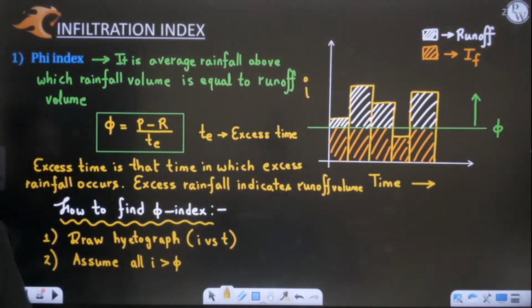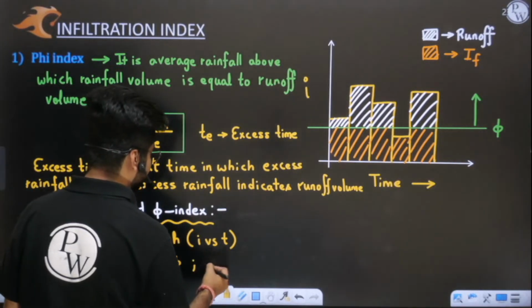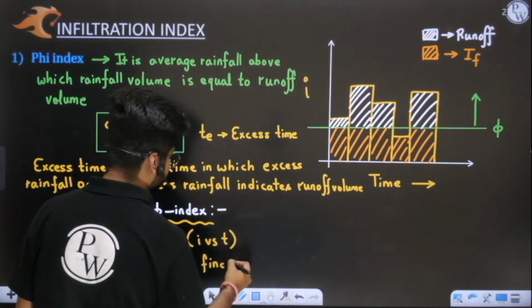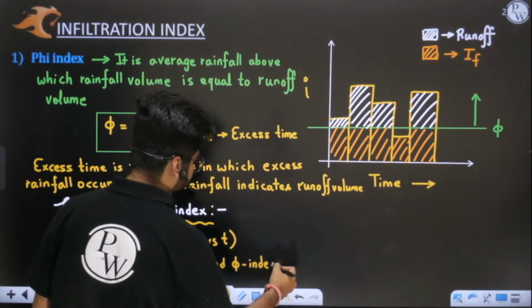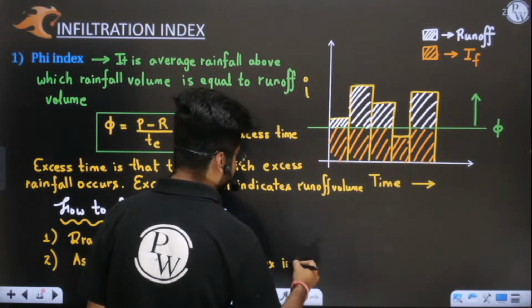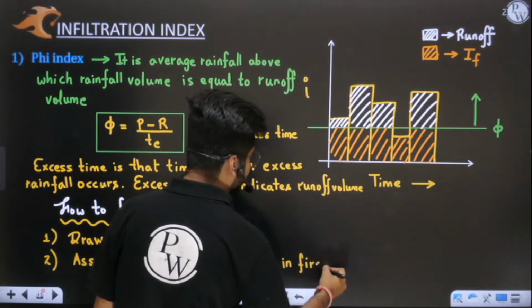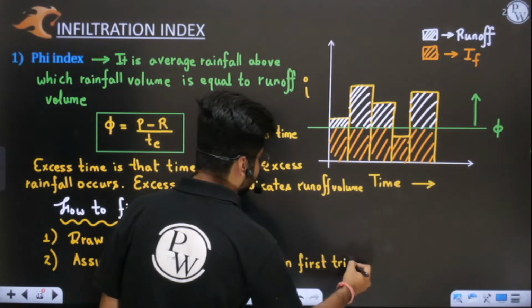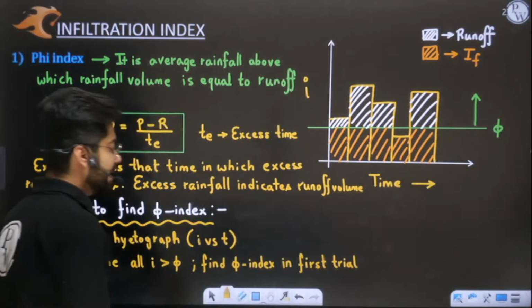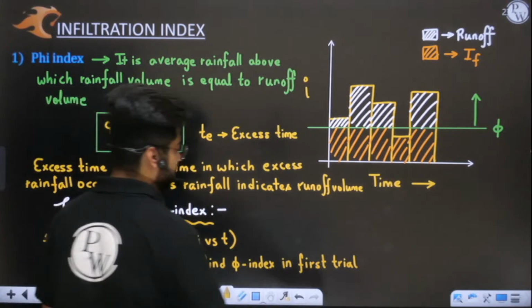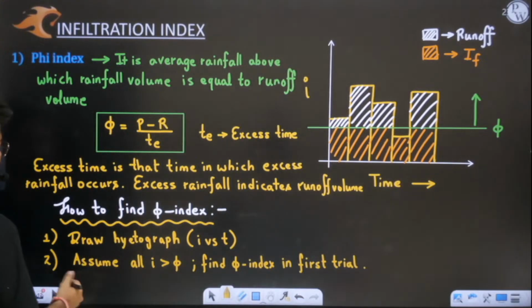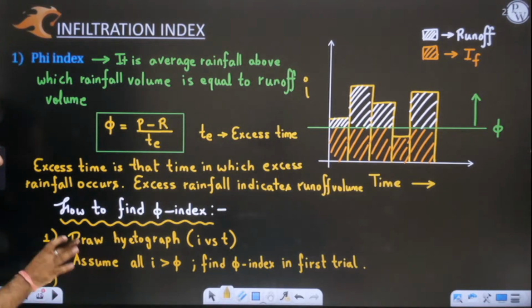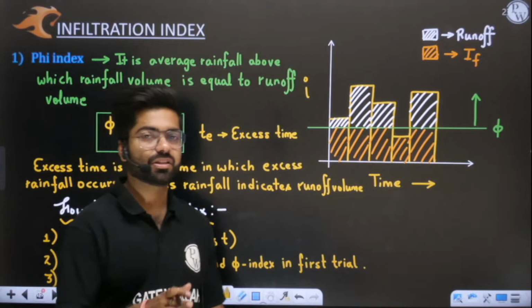Assuming all intensities of rainfall are greater than phi, find the phi index in the first trial. We have to take many trials. Find phi index in the first trial. Now you have assumed that all the I are greater than 5. If all the I are greater than 5 for actual, then we'll stop.